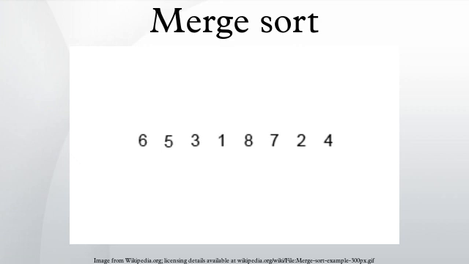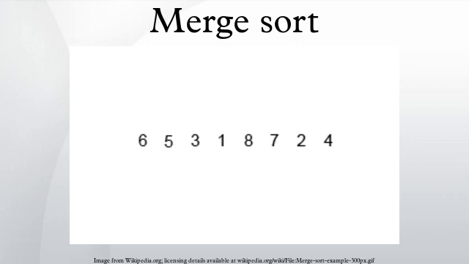Example: start 3, 4, 2, 1, 7, 5, 8, 9, 0, 6. Select runs: 3, 4 | 2 | 1, 7 | 5, 8, 9 | 0, 6. Merge: 2, 3, 4 | 1, 5, 7, 8, 9 | 0, 6.